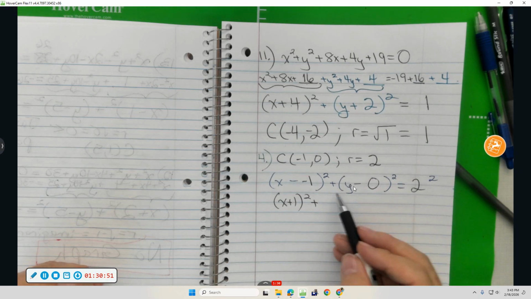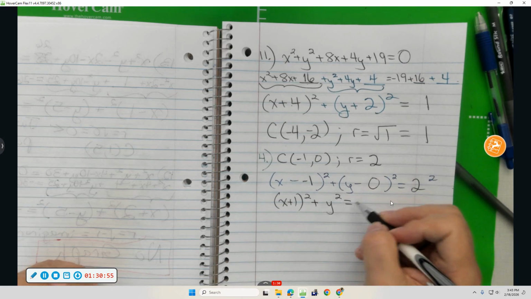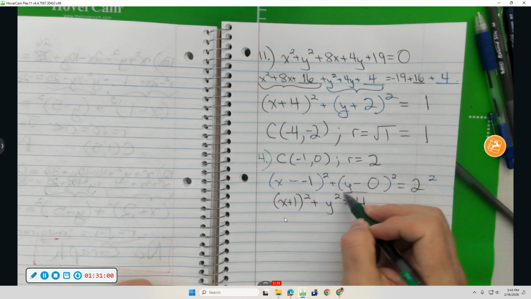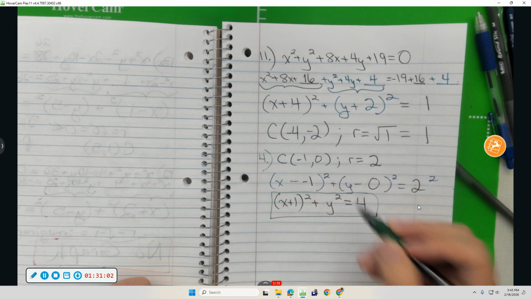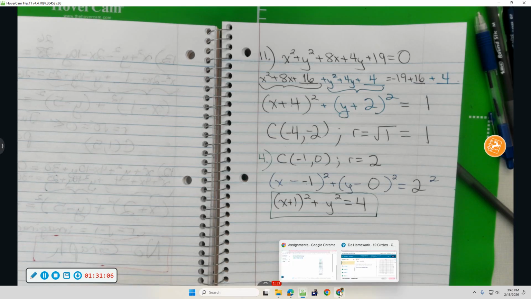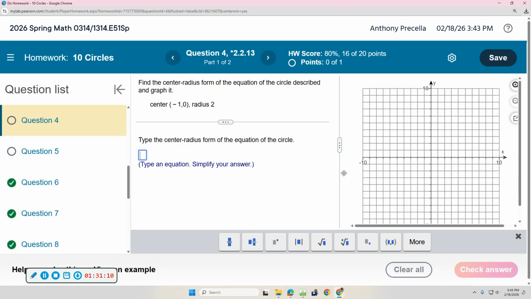And here, y squared equals 4. Y'all remember doing this? We would plug in H, K, and R. I'll type that in, but let's wait to remind you all of that until we're through typing this in.